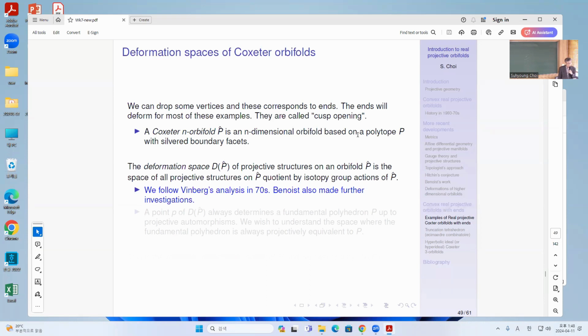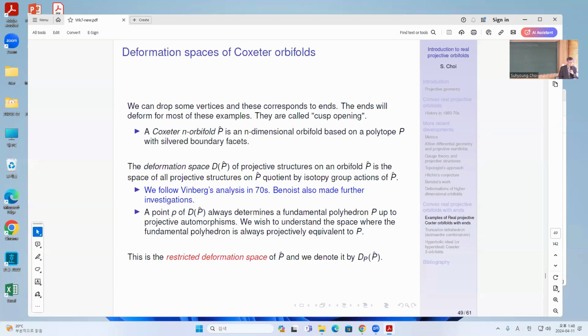First of all, a Coxeter n-orbifold is an n-orbifold based on some polytope with silver boundary facets, and whenever a side is not in the singular locus, it could just have been removed.